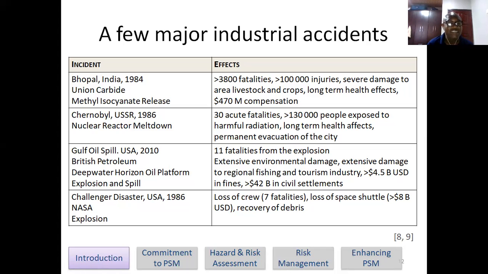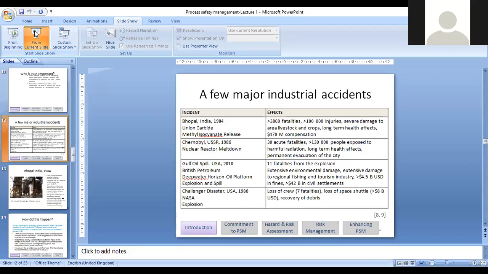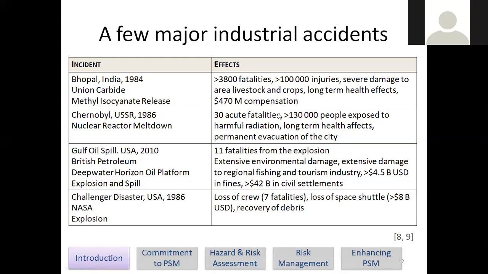Also, the Chernobyl USSR 1986 nuclear plant explosion is another example. The Gulf Oil US 2010 British Petroleum Deepwater Horizon is also an example of an industrial accident that we can use to explain process safety.